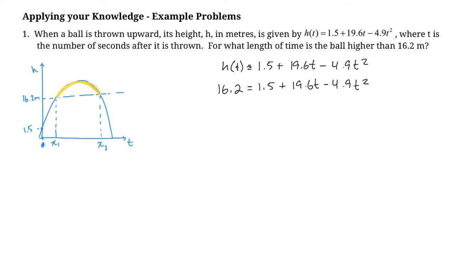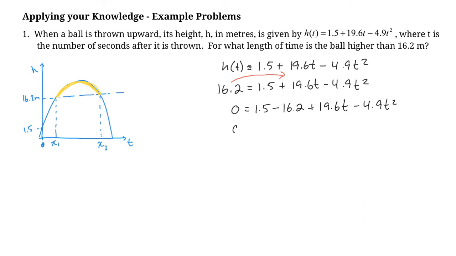Now to actually solve this equation, we want to move that 16.2 over to the other side of the equation because we need this equal to 0. Because when your quadratic is equal to 0, it's much easier to solve. So if we bring that over to the other side, it's going to be 0 equal to 1.5 minus 16.2 plus 19.6t minus 4.9t squared.